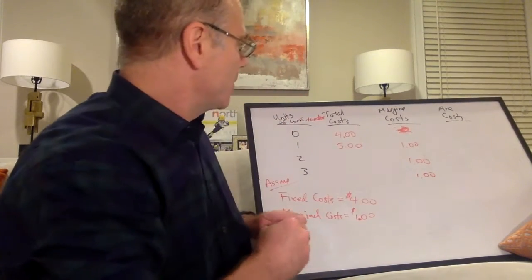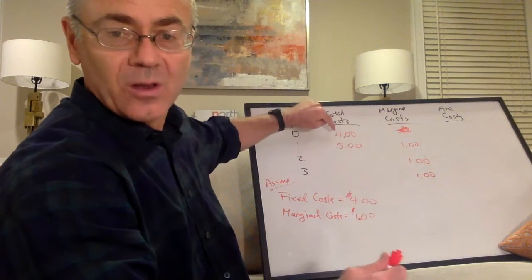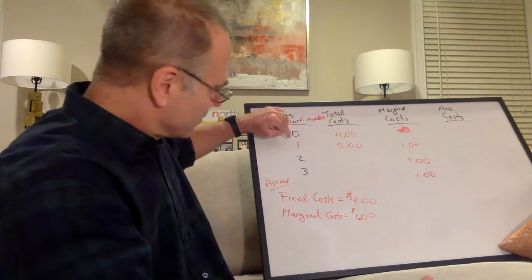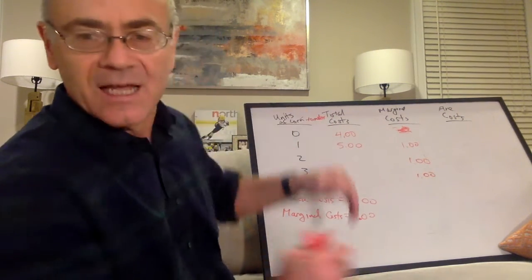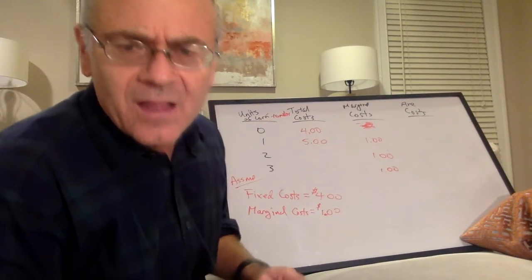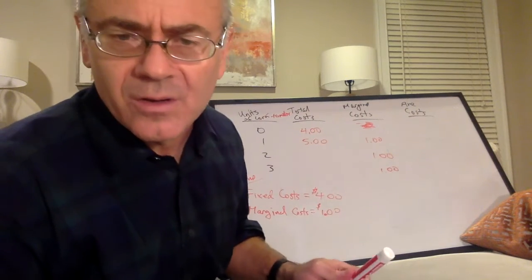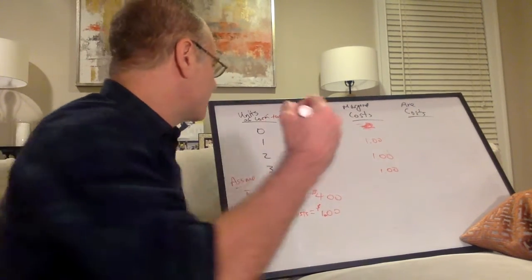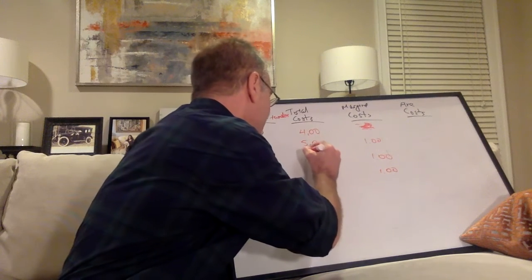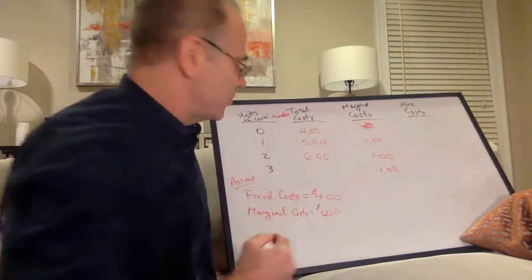Okay. So remember we said marginal cost is just the difference in the total cost when you go from the first quantity to the second. So now let's say what happens when we produce 2 bushels of tomatoes. That will be fixed cost 4 plus 2 bushels.